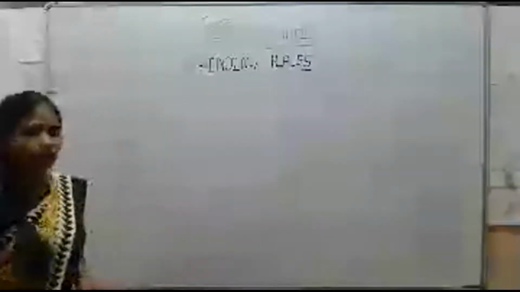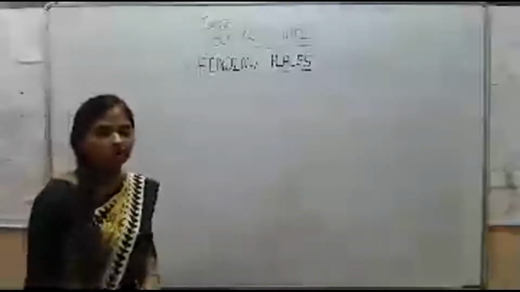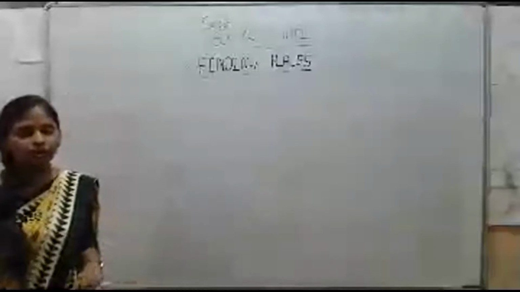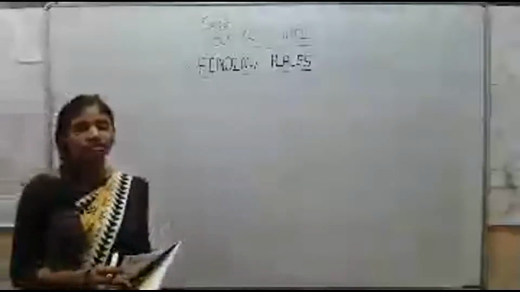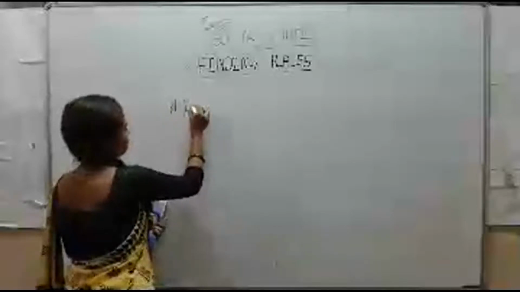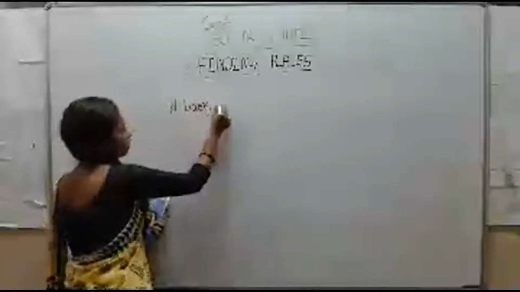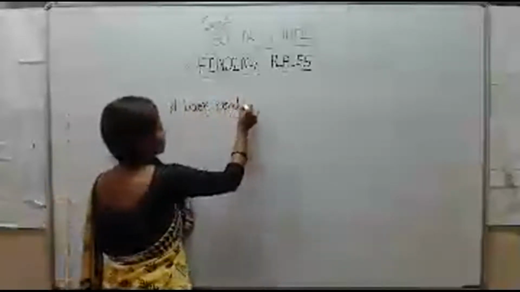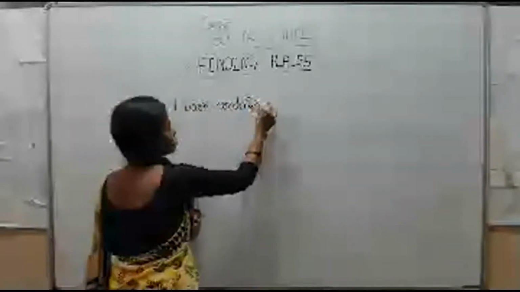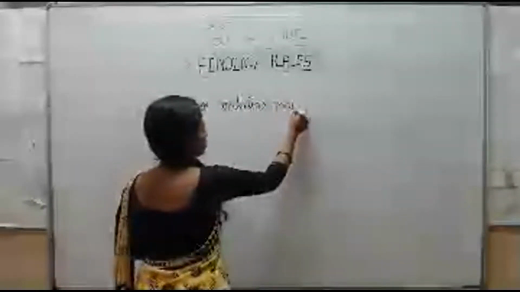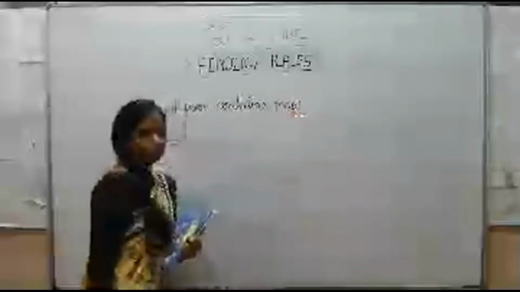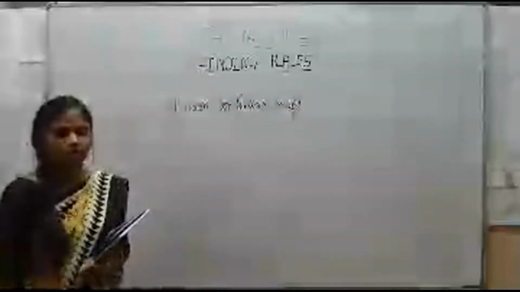And what else have we learned? Yes, we have learned about the atlas. So what do you mean by atlas? A book containing various types of maps is known as atlas. As I told you, there are many types of maps.